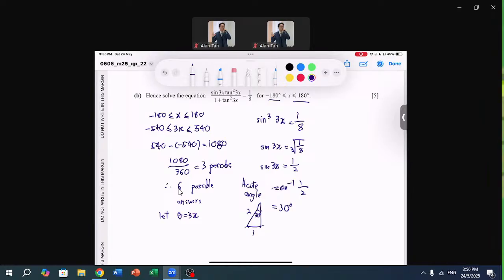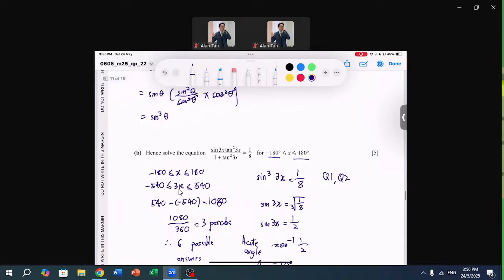Alright, so let's calculate them up. So positive, quadrants 1 and 2. So 3x equals 30 and 180 minus 30. So it's going to be 30, 150.